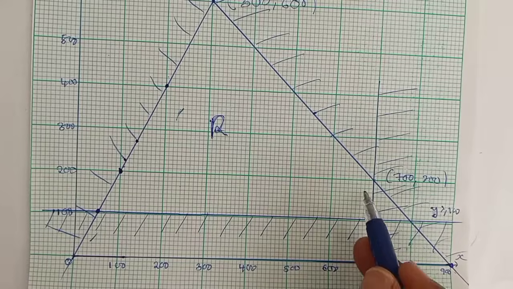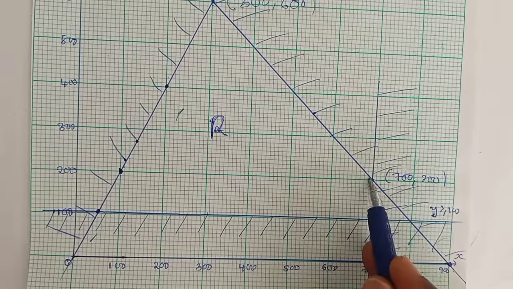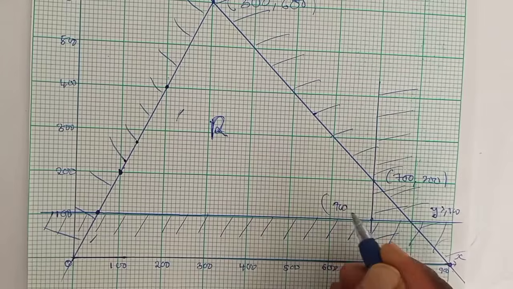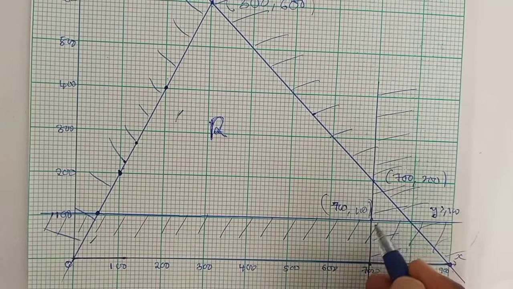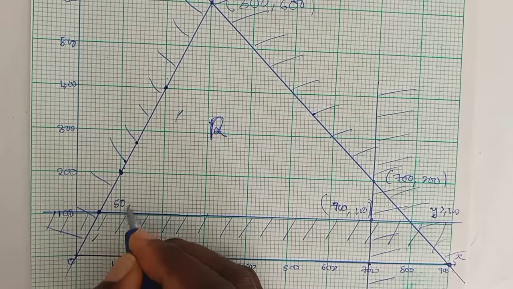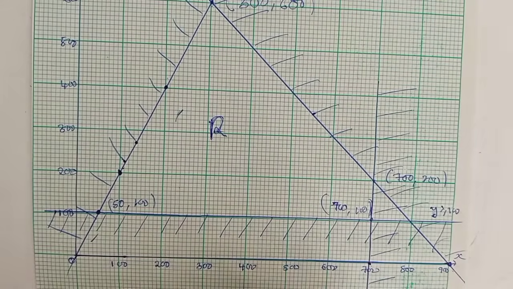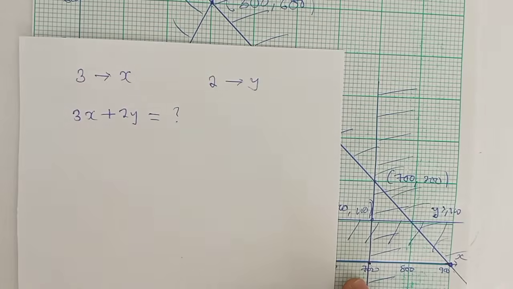Here it's 700, comma 100. Here it's 50, comma 100. So we have now picked the coordinates. After picking these coordinates, start plugging them in your function here.